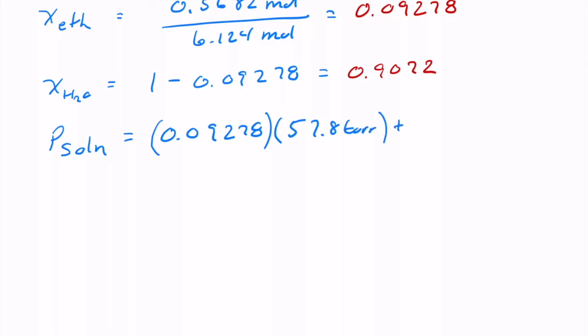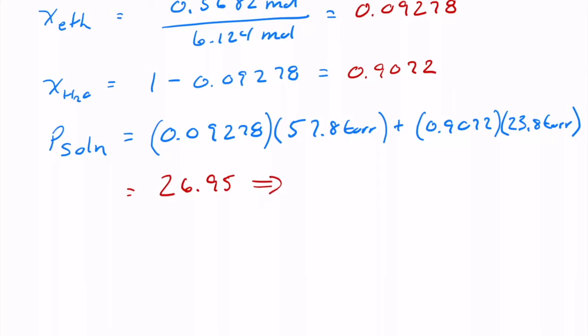And then we're going to add to that the mole fraction of water multiplied by the vapor pressure of pure water, 23.8 torr. Okay, so if we run through that math, we end up getting a vapor pressure of solution of 26.95, or with the correct number of significant figures, 27.0 torr.